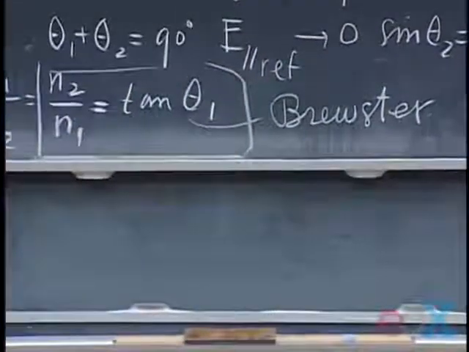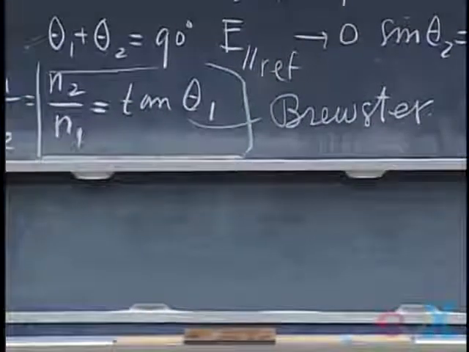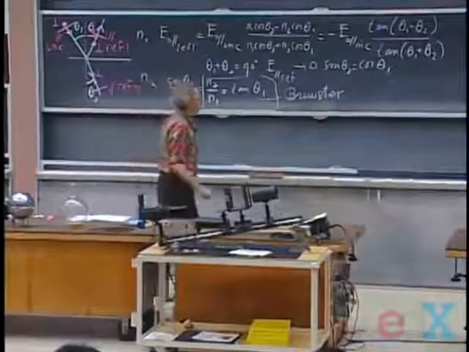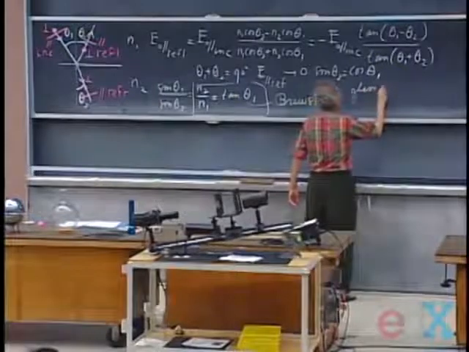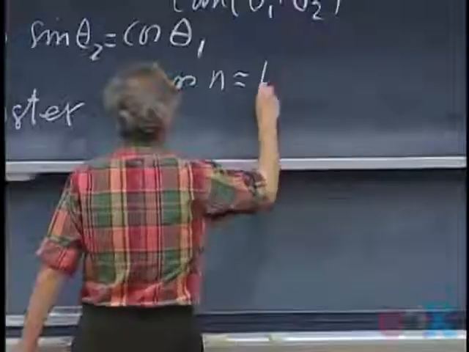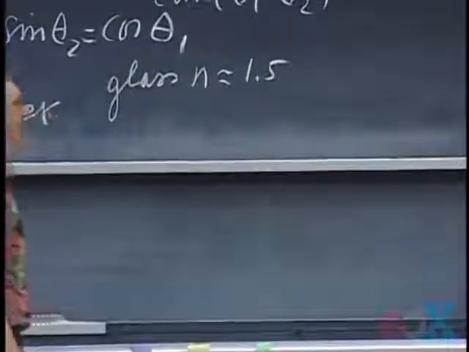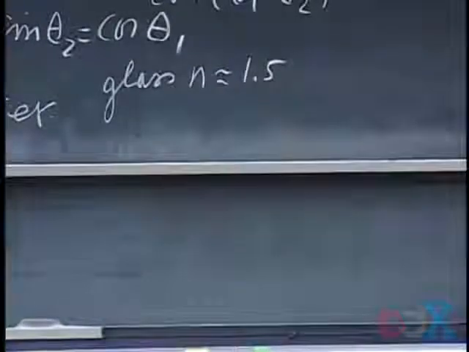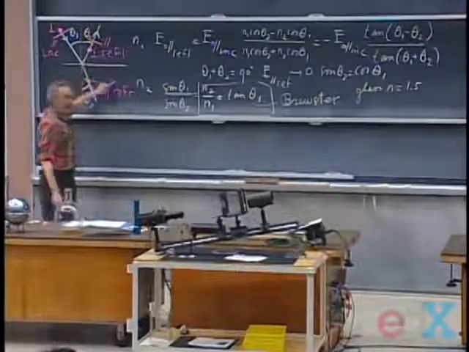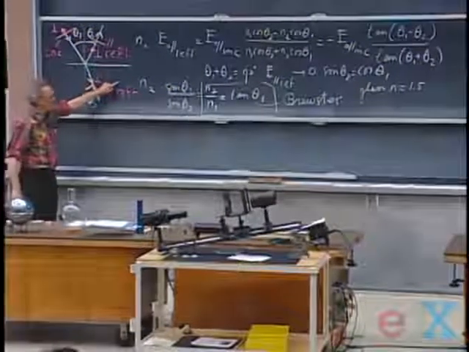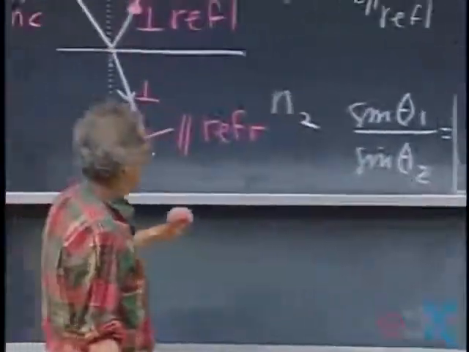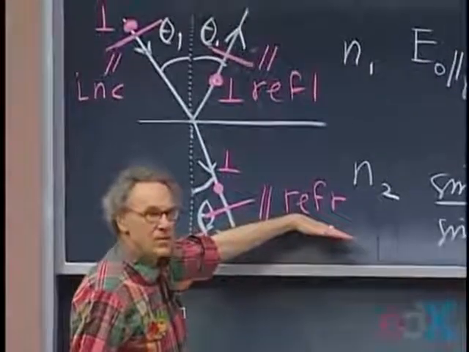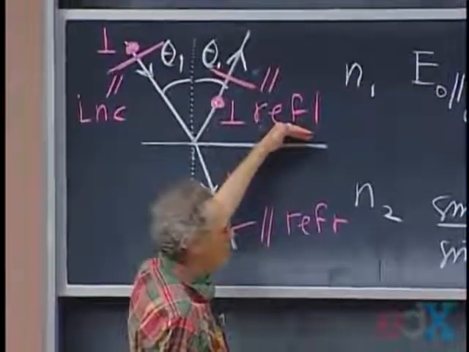And so if we, for instance, look at the transition from air to glass, glass has an index of refraction of approximately 1.5, depending on the kind of glass that you have. If I go from air to glass, which is what I will do in my demonstration, then the tangent of this angle is N2 divided by N1. This is glass, so this is 1.5, N1 is 1.